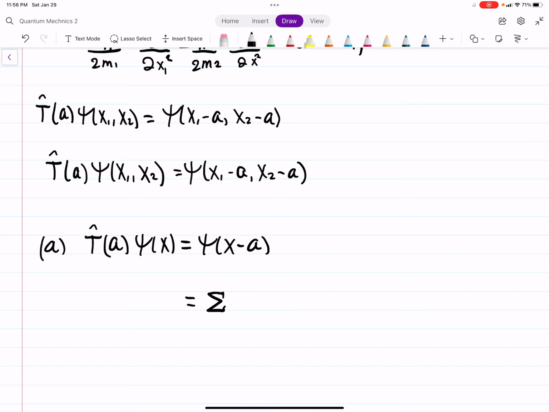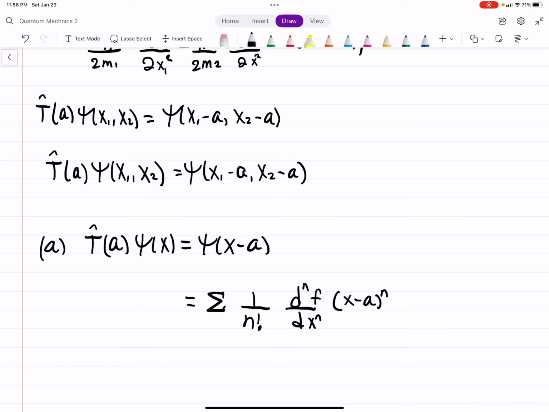Okay. So for a Taylor series, just in general, 1 over n factorial, and I'll write it like this: the nth derivative of whatever function we have, times x minus a to the nth power.